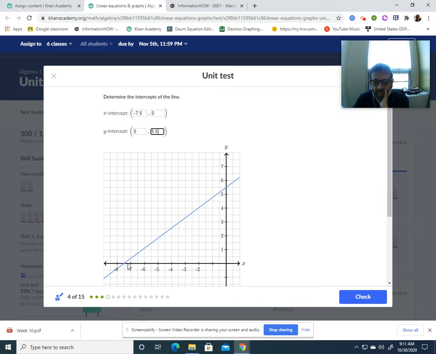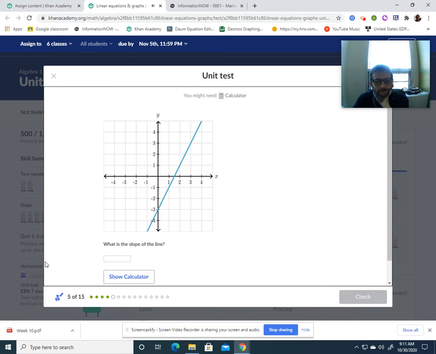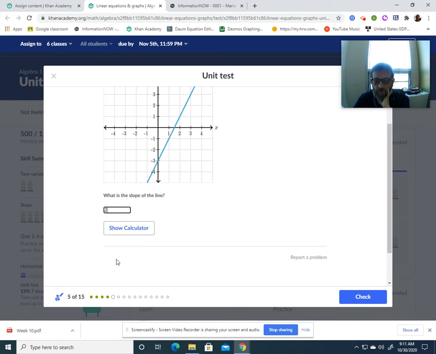So my x-intercept is here, my y-intercept is here. What is the slope? Well, for slope, you need points. Nice points particularly help. Here's the point 0, negative 3. Here's a nice point at 2, 1. I went 2 units over, 4 units up. Slope is change in y over change in x. So it's 4 over 2, which is 2.